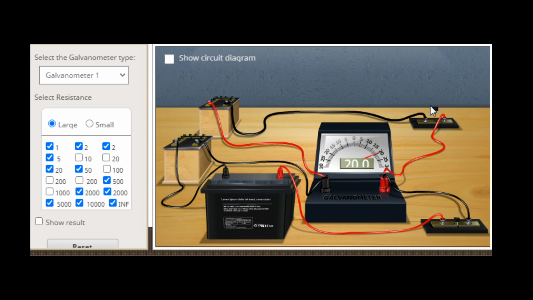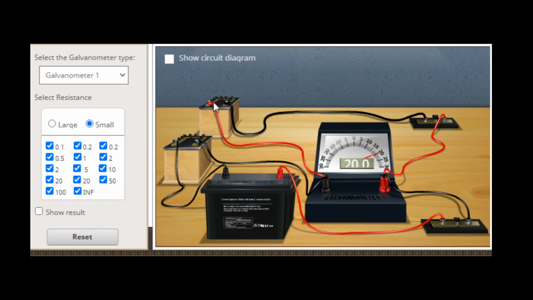Now let us find out the value of shunt. So okay, first you will select here. So what this it was 20, so what will be the half of this 20? It will be 10.